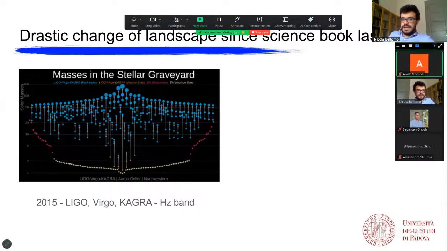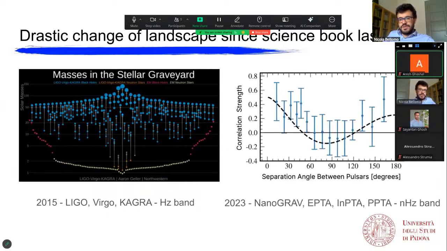Right now, that is already a well-established branch of science with hundreds, if not more, events currently detected, which also brought significant novelties in the understanding of stellar evolution. The second large novelty was the detection of a gravitational wave background in 2023 by multiple collaborations.